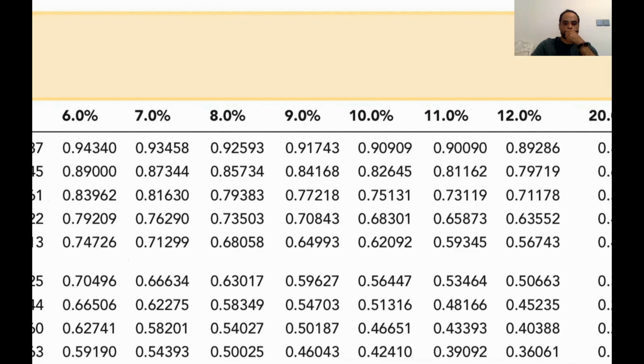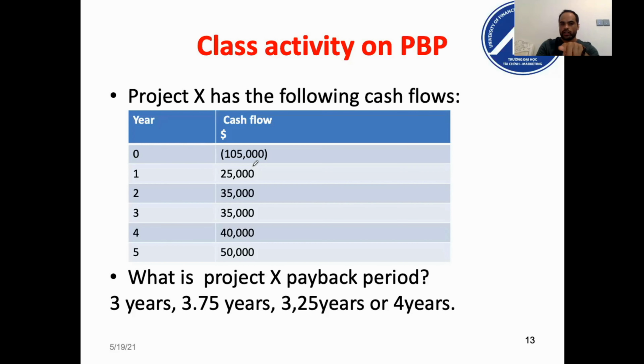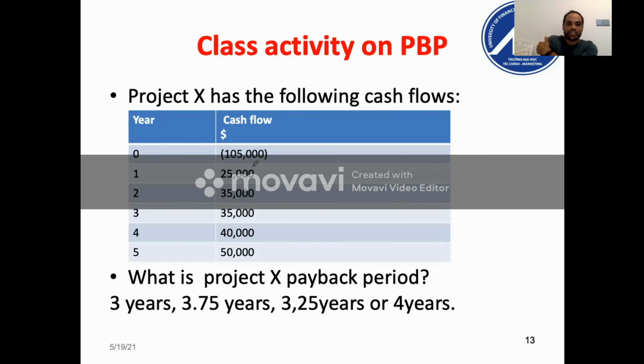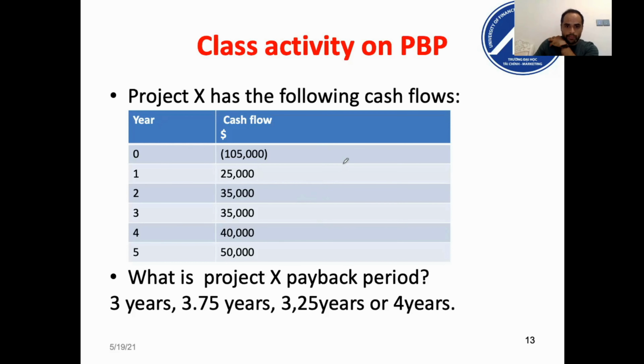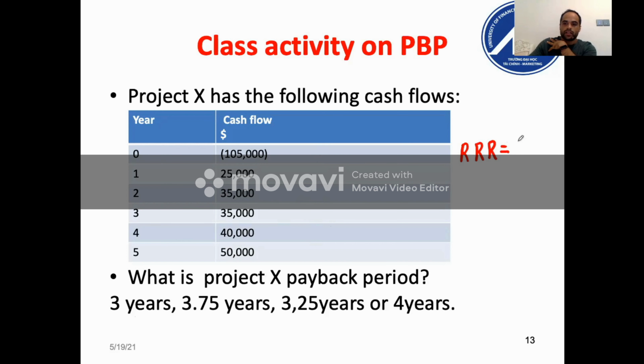Okay. Now let's move on to the practice question. The question that we practiced in the last lecture was payback period, and you already answered this question. Now I changed this question to NPV. For example, let's say your required rate of return is 11%.